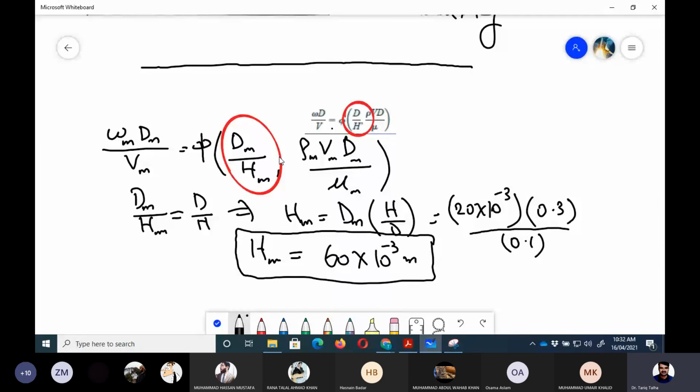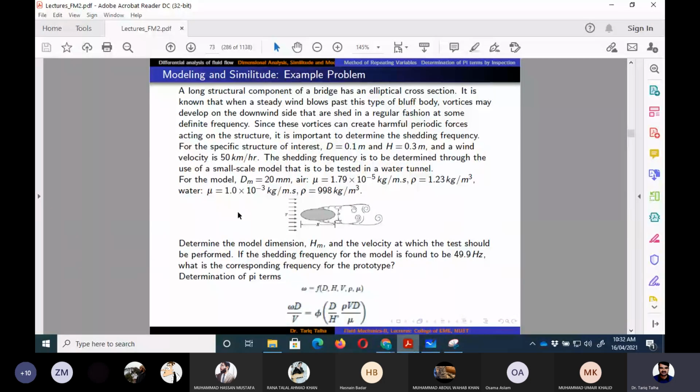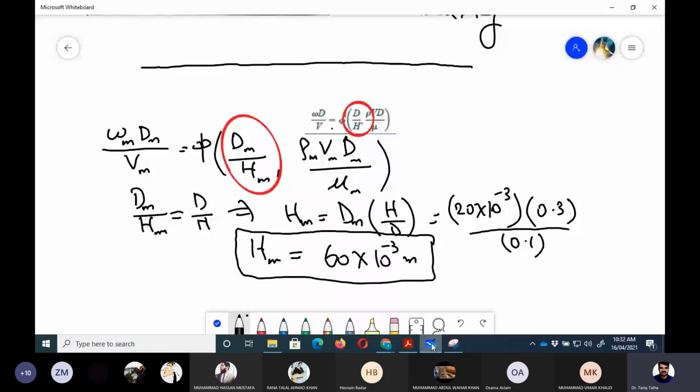So that is the beauty of non-dimensionalization, so that we talk about dimensionless ratios. So after that, we need to determine the velocity at which the test should be performed. Now we need to calculate the model velocity, which is V_m.